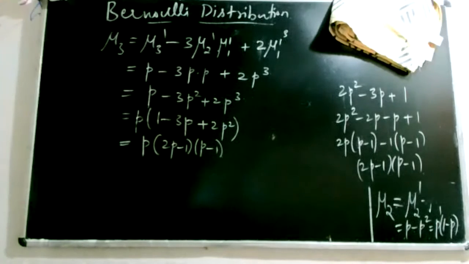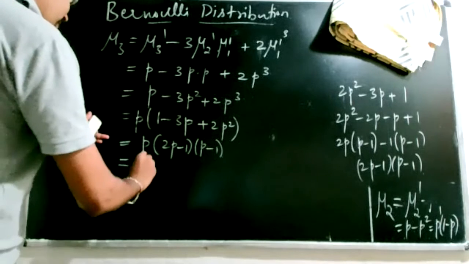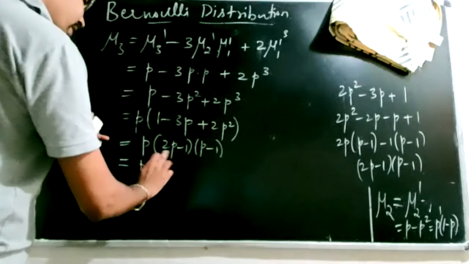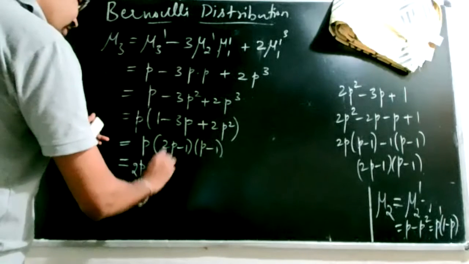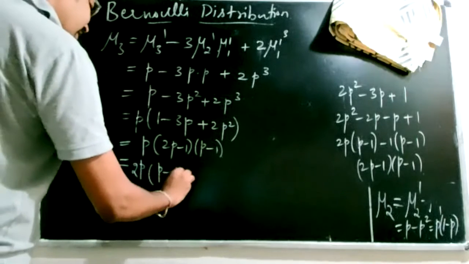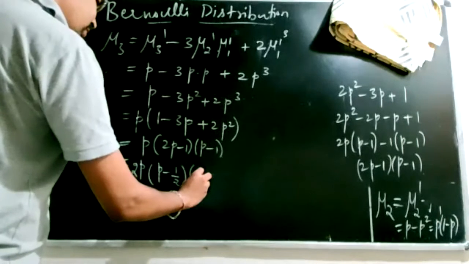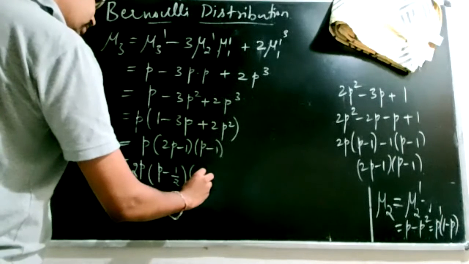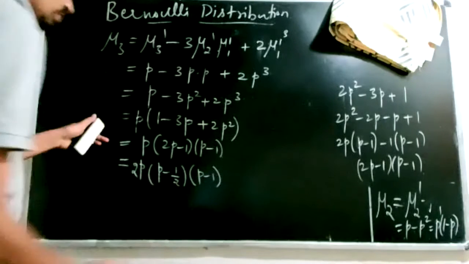Or you can also write this as p into, taking 2 outside, 2p into p minus half into p minus 1.